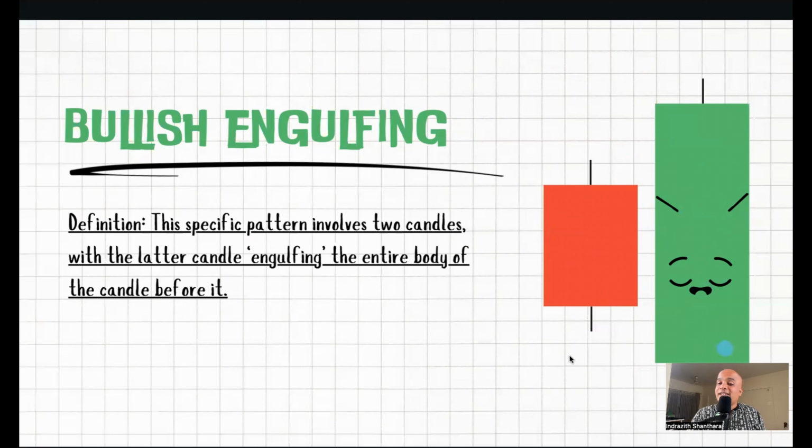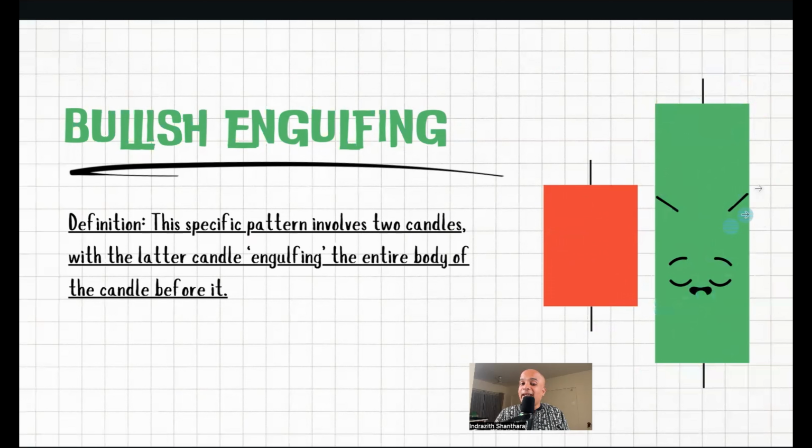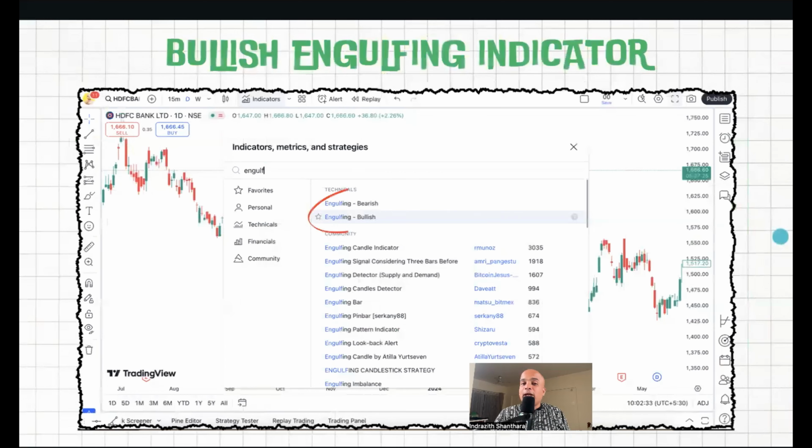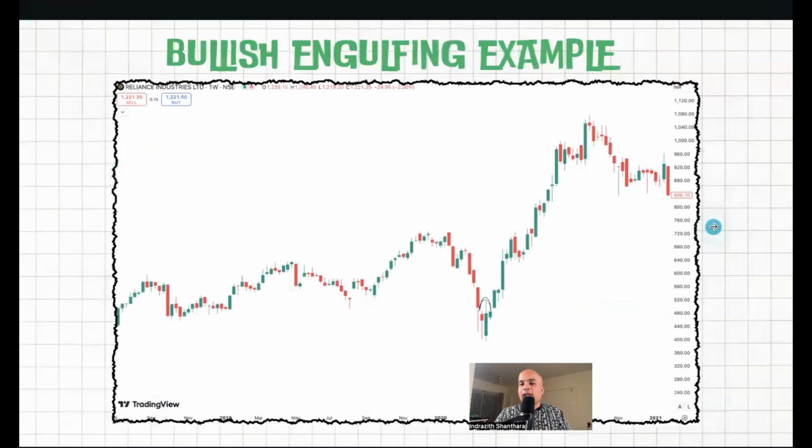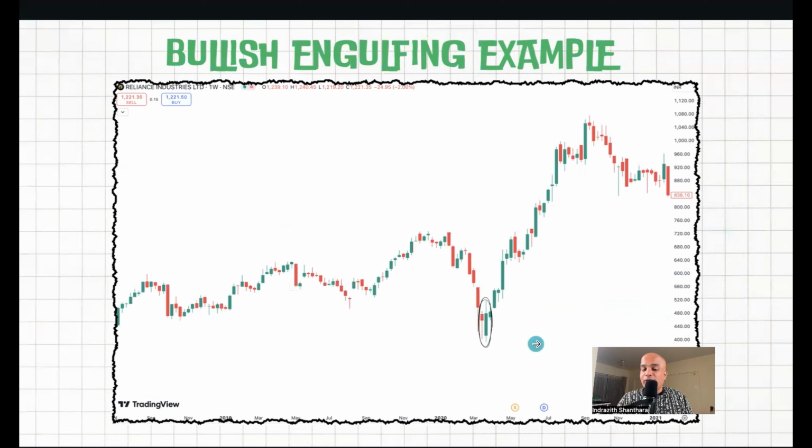So this is called bullish engulfing. Now, how to identify this? Once again, it is very simple. You can go to TradingView, in indicators type bullish engulfing, and you will get this. You can use this indicator to identify the bullish engulfing patterns in the past as well as in the live market.